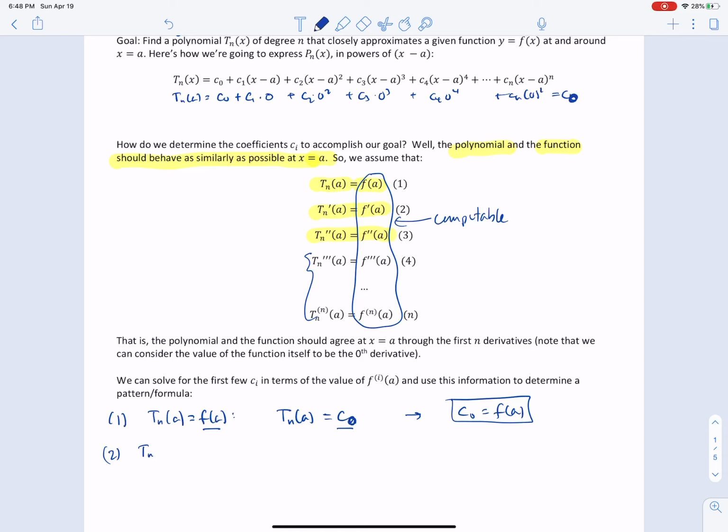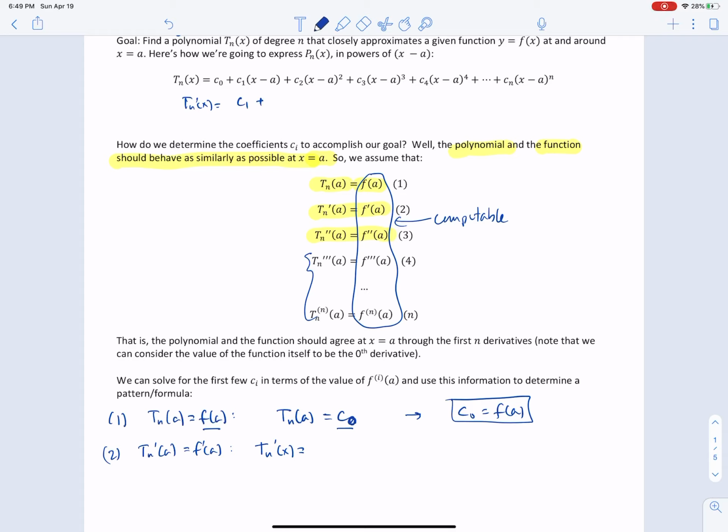Second, the derivative should match. Let's figure out what T sub n prime is. It's a polynomial, so we can use the power rule to calculate the derivative. The derivative of the constant c0 is 0. The derivative of c1 times (x minus a) is just c1.